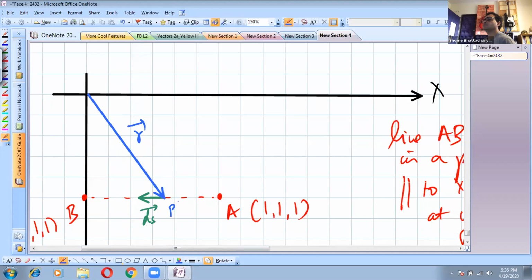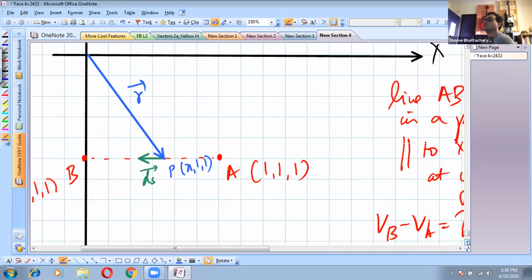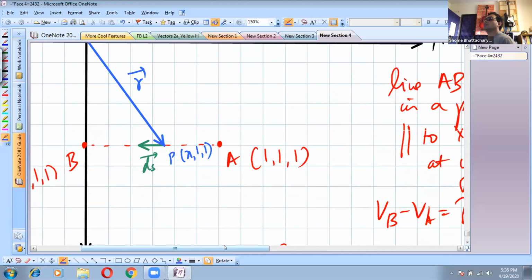It has an x coordinate, which is varying, going from 1 to 0. The y coordinate is fixed, which is 1. And the z coordinate is fixed, which is 1. Understand? So the x coordinate is between 0 and 1 as you're going along.